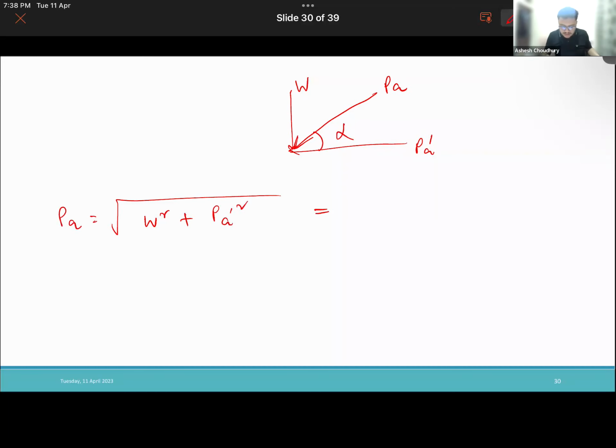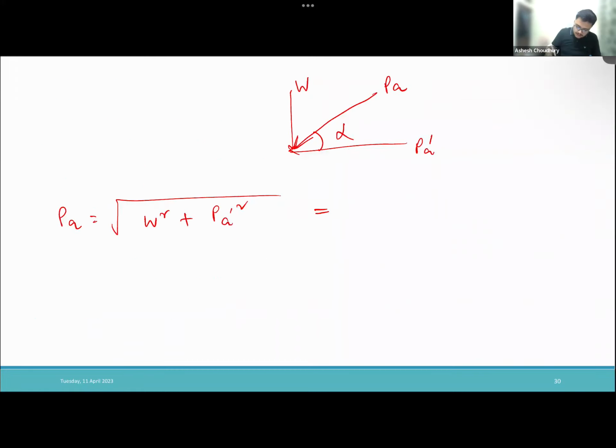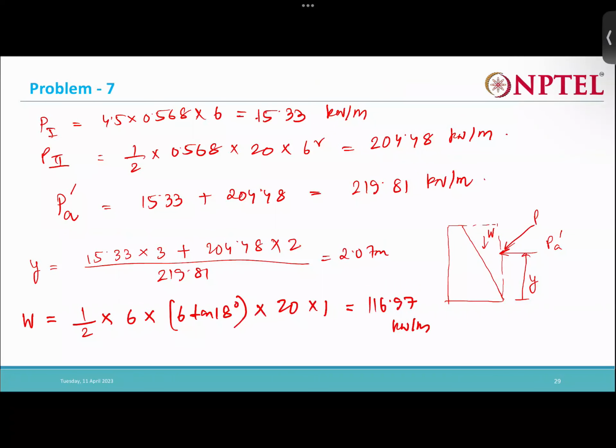Please calculate this. W I know, PA dash I know. It is almost 249 per meter.